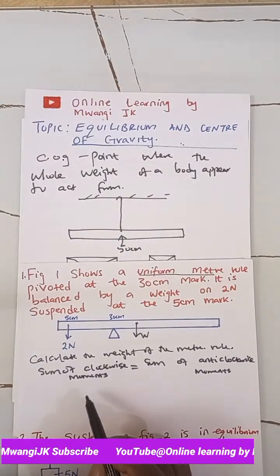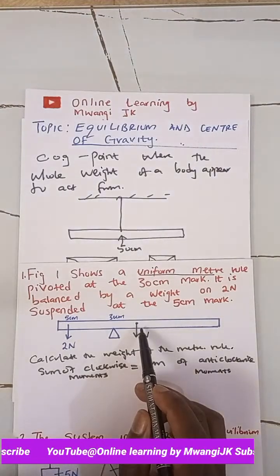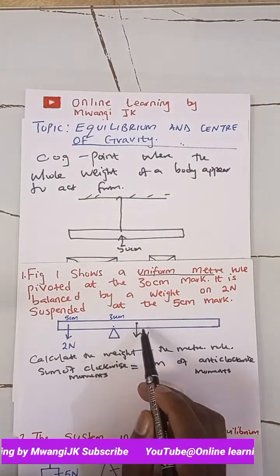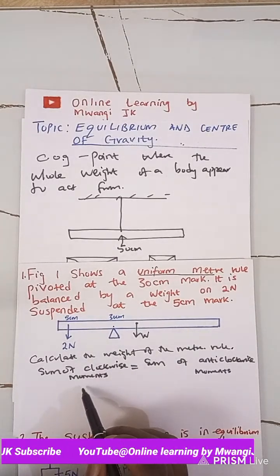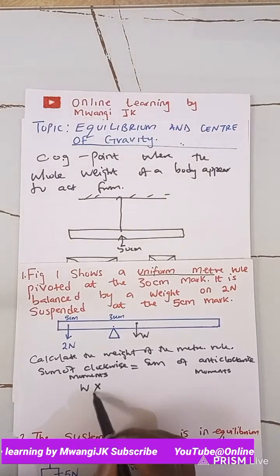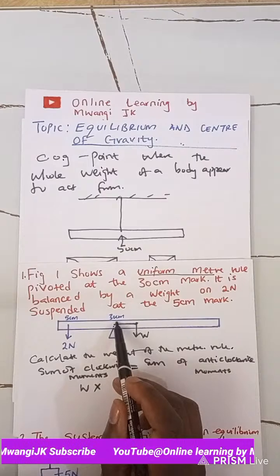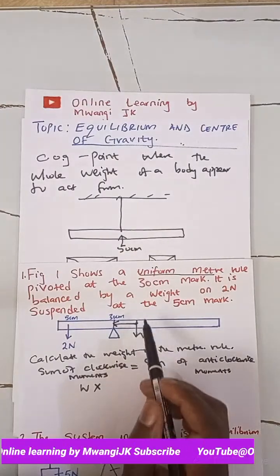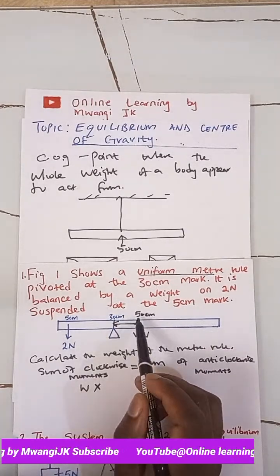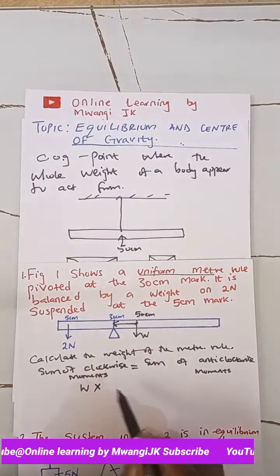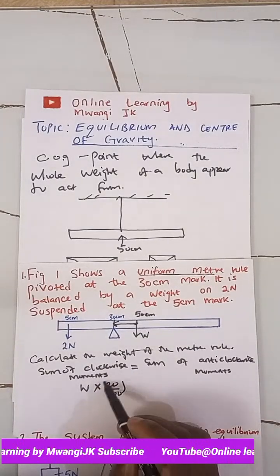Now I will talk about the clockwise moment. So the weight of the rule is the one which will give the clockwise moment. So we'll talk about the force, which is W, times the distance from the pivot. So the distance from the pivot is this distance, and we know this is the 50 centimeter mark, and therefore 50 minus 30, we have 20, so 20 over 100 to make it meters.